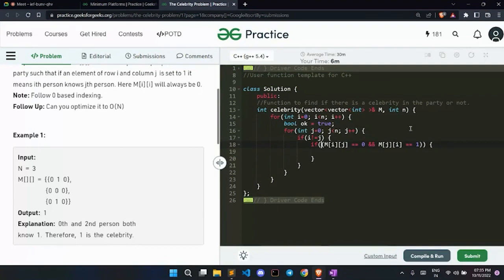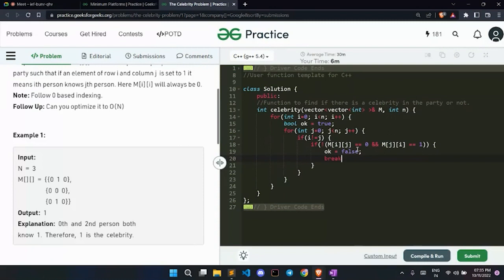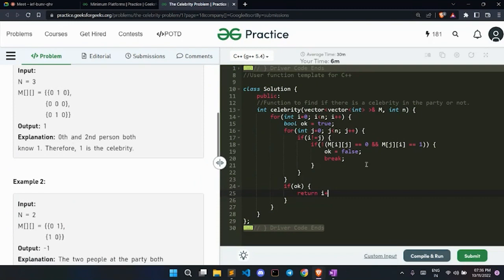So what we want? We want a condition where this condition is false. So we will use a not to take the negation. And if this happens, we will say that is equal to false. That means this person is not the celebrity, and we will break the loop. Okay. And after breaking, we will check. If okay, that means the person is celebrity, we will return I, and if it is not, we will check for the next person.